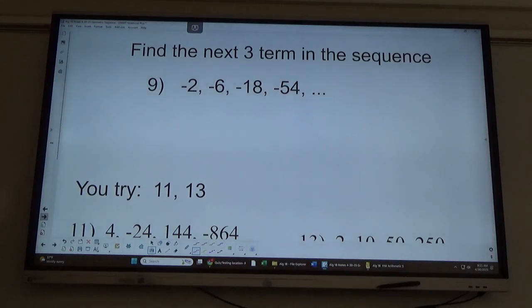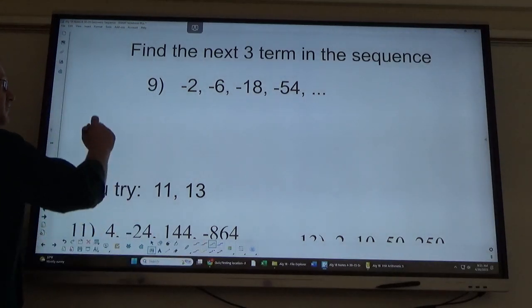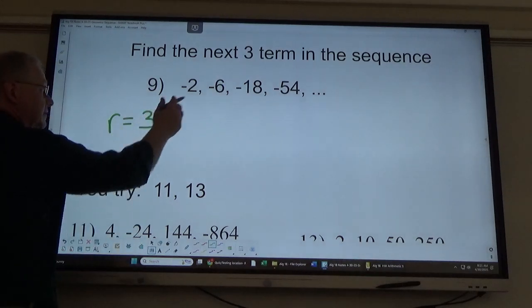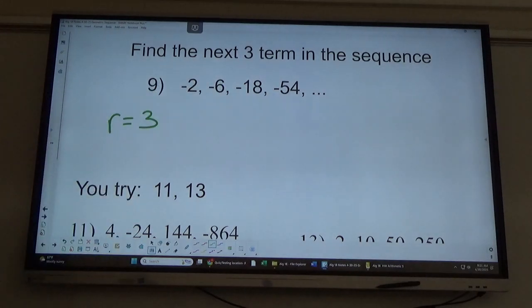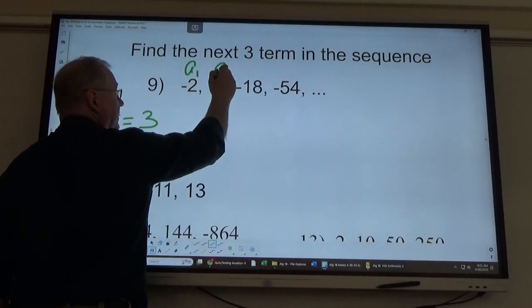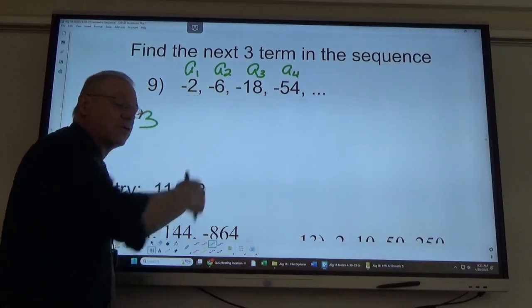Now let's try this, finding the next three terms. Now this is recursively. First, you need to know what R is, in this case, 3, -6 divided by -2. And this is, of course, a sub 1, a sub 2, a sub 3, a sub 4, the first 4 terms.